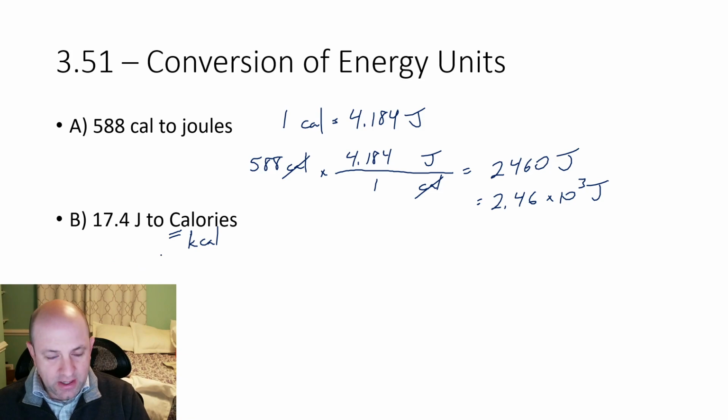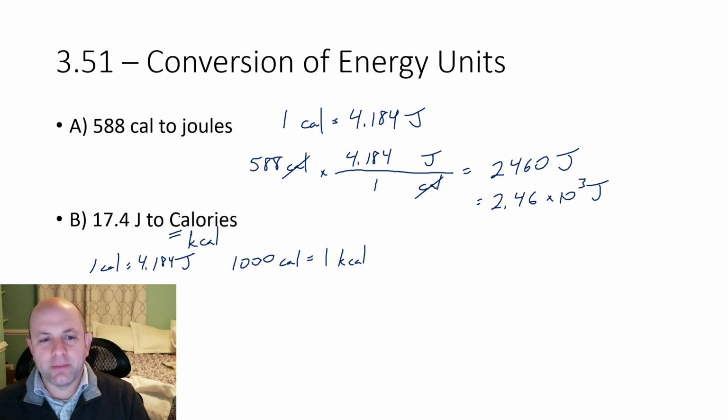So just as we had before, we know that, okay, 1 calorie is 4.184 joules. That'll get us there. Oh, but then for this kilocalories, okay, 1,000 calories is 1 kilocalorie. I'll write it with the capital C at the end, but remember, kcal and capital C calories, same exact thing.